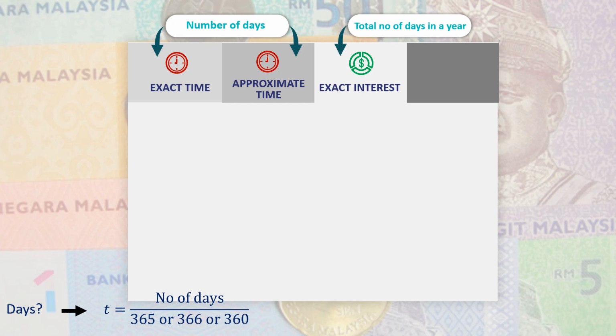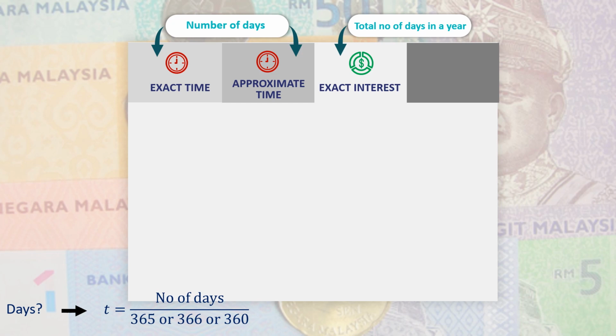So we have seen the calculation of the number of days if the question is given between dates, either using exact time or approximate time. Now there are also two methods to find the total number of days in a year.